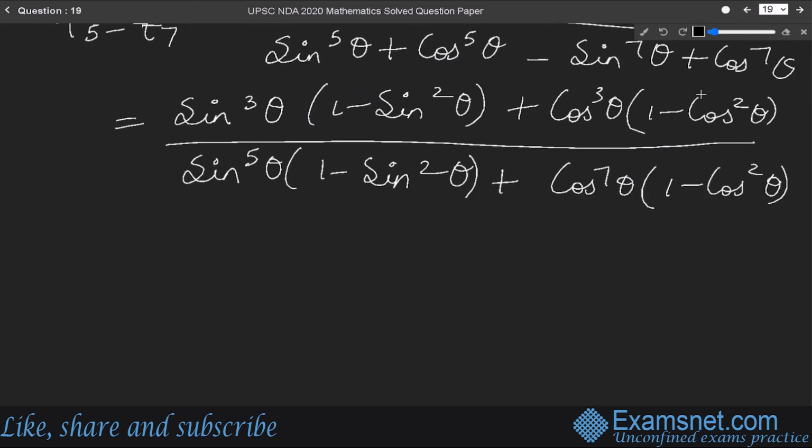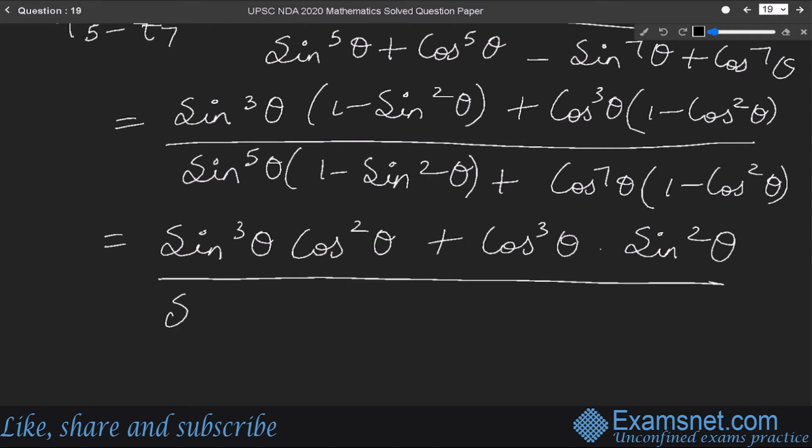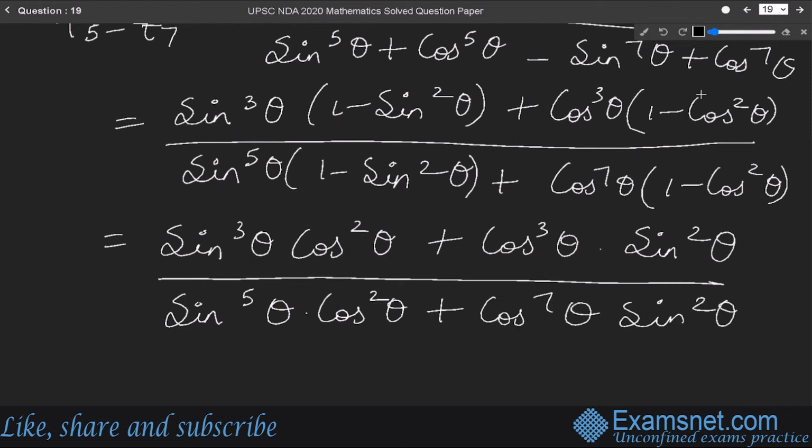Further solving it, we will get sin cube theta into cos square theta, because we know that 1 minus sin square theta is cos square theta, plus cos cube theta into sin square theta. Similarly, 1 minus cos square theta is sin square theta. Then sin 5 theta into cos square theta plus cos 7 theta into sin square theta.